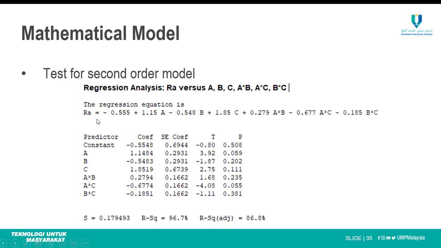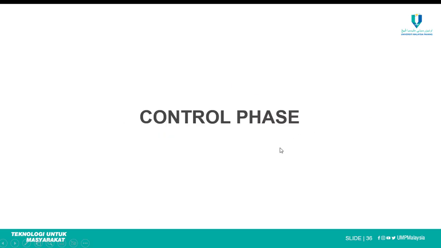Now we can predict our surface roughness by plugging the input variables into the formula here. For example, if we have a certain target, we want RA to be, for example, 100, we try to find a combination of A, B, and C so that we can get the RA as we require.